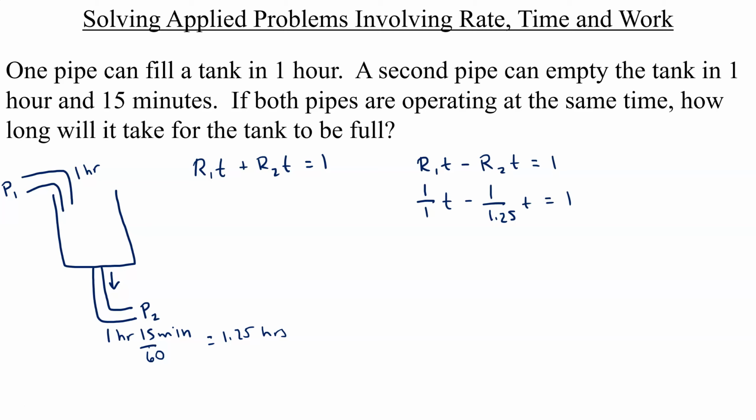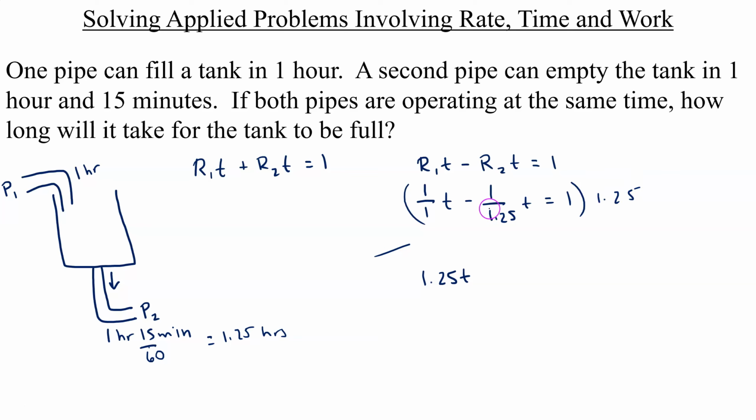Okay, at this point you have different ways you could solve this problem. What I chose to do was multiply everything by 1.25. So this is 1t times 1.25. That gives me 1.25t.